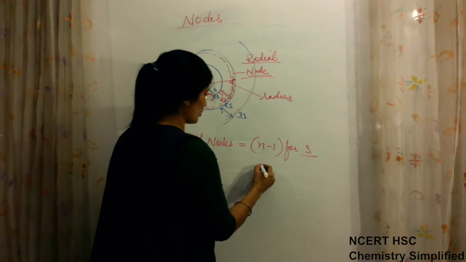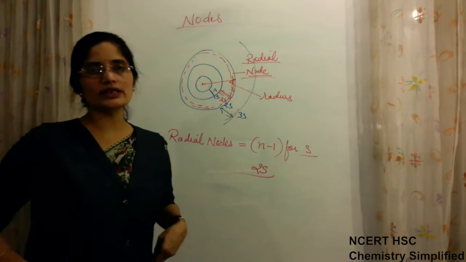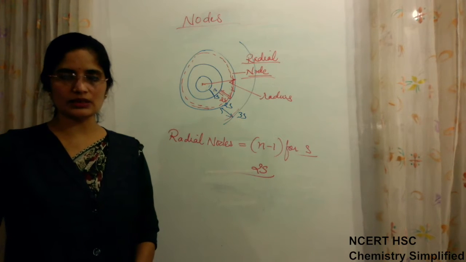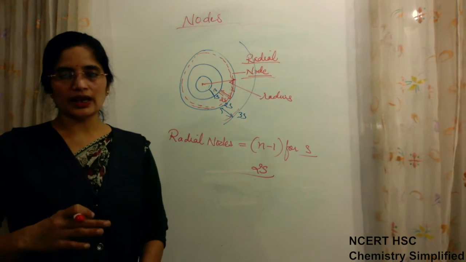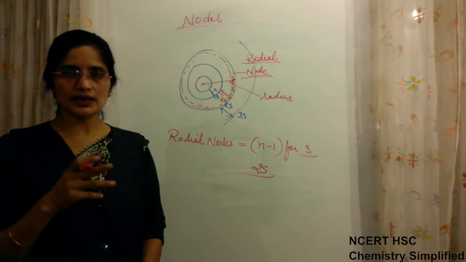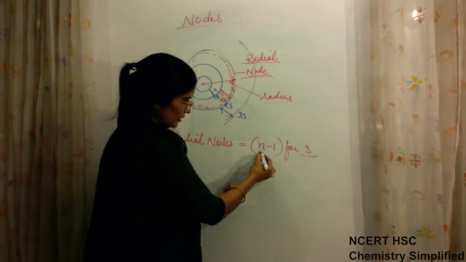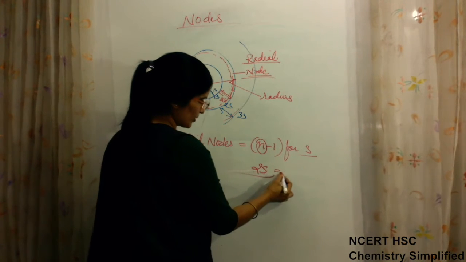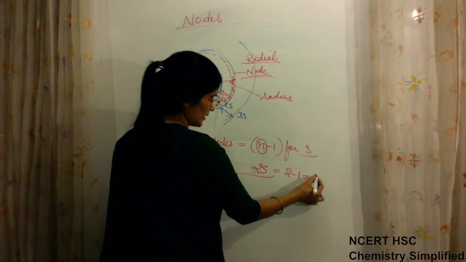Suppose I talk about 2s. In the 2s orbital, how many nodes will be present? I want to know how many places there are where the probability of finding an electron will be 0. So for 2s, I will put it in this formula. What is n? The principal quantum number here is 2. So it will be 2 minus 1, that is 1 node.